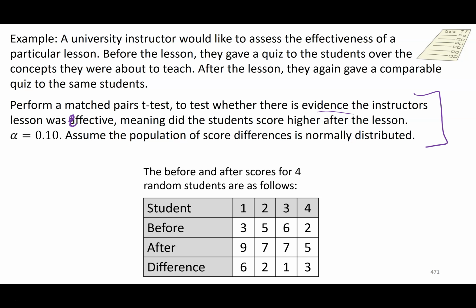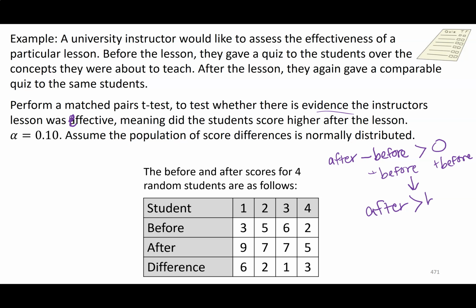So one way to think about it, if we have after minus before, if we want to know that it's higher than 0, you can add before to both sides. That would be after is higher than before.